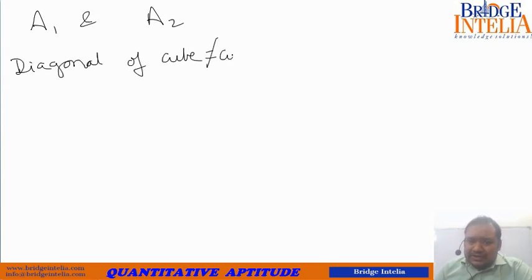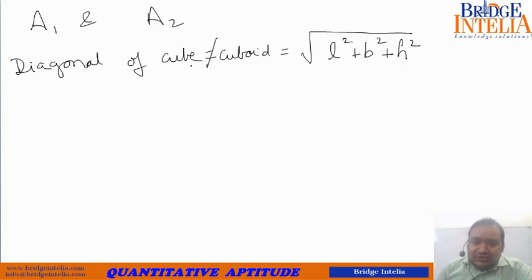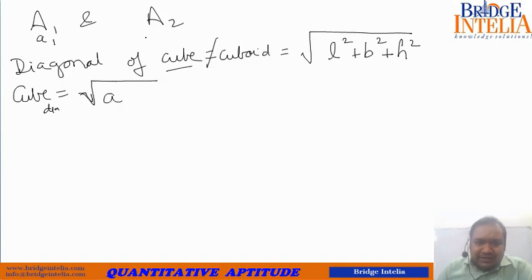For both cases, the formula is under root of length square plus breadth square plus height square. But in case of a cube, length, breadth and height are all the same. So in the special case of a cube, the diagonal as per the formula, considering the edges to be a1 and a2, will be under root of a1 square plus a1 square plus a1 square. So this will come out to be what?